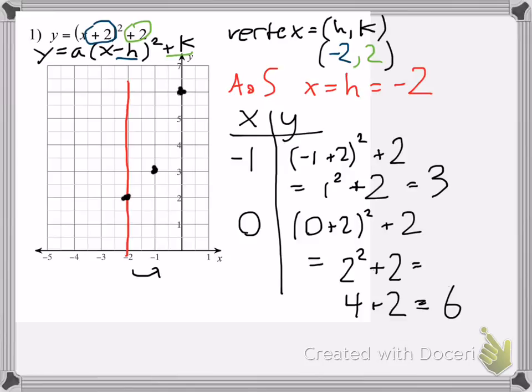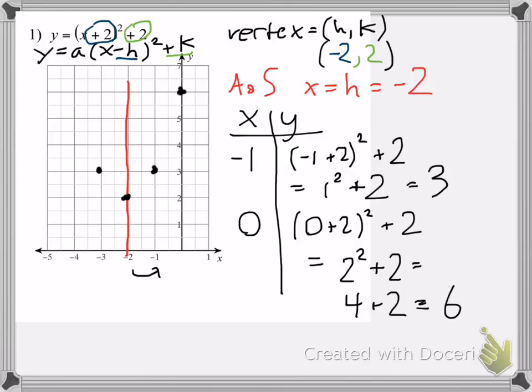So now I have 2 points on that side of the parabola, and I don't need to plug in 2 points on the other side because I can use the axis of symmetry. So you see how negative 1 is 1 point to the right of my axis of symmetry. So if I go 1 point to the left, when x is negative 3, I know my y point is just going to match up there. So y will also be 3 there.